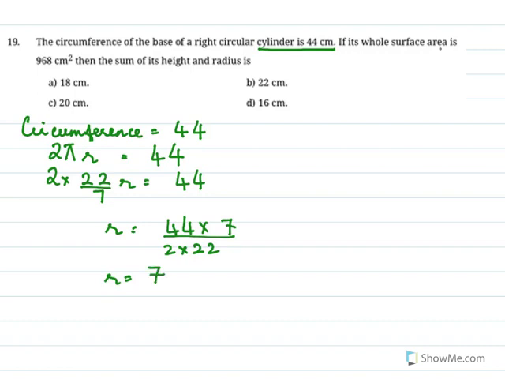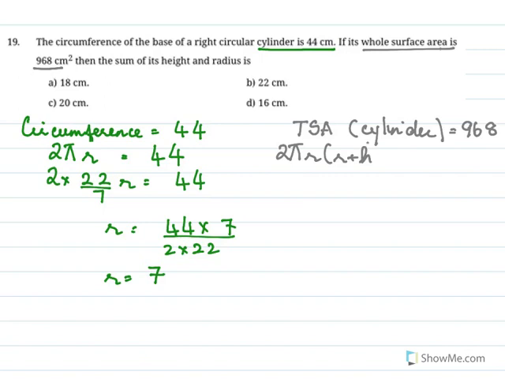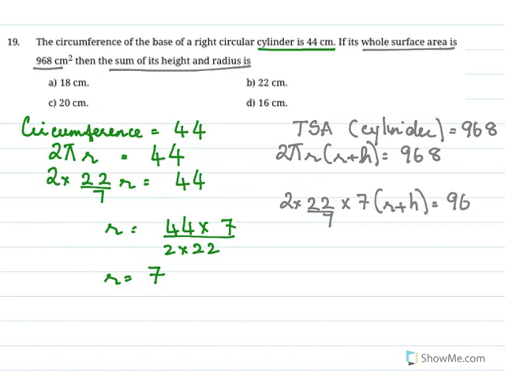Now next they have said that the whole surface area is 968. So TSA of cylinder is 968, which is 2 pi r times (r plus h) is 968, and we have to find the sum of its height and radius. 2 into 22 by 7, your r is 7, r plus h is 968.